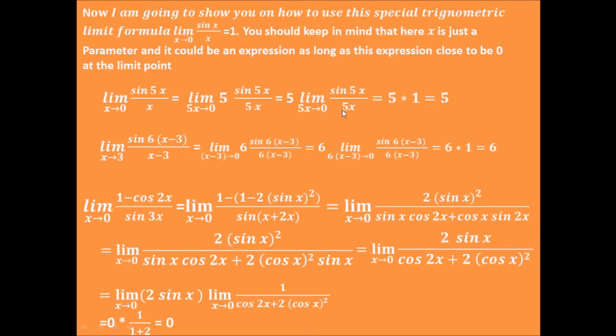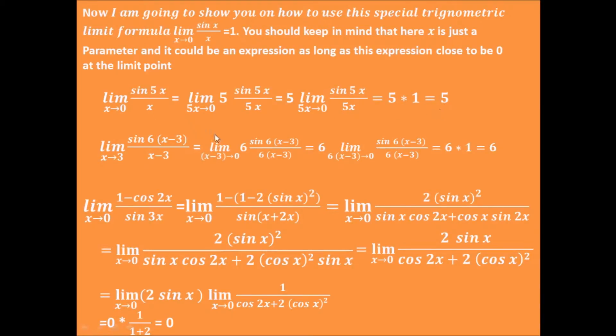Then we can treat 5x as one symbol, such as y. So we get exactly the same expression as this one, which has limit 1. Then we get the value for the function limit sin 5x divided by x with x approaches 0 equals 5.